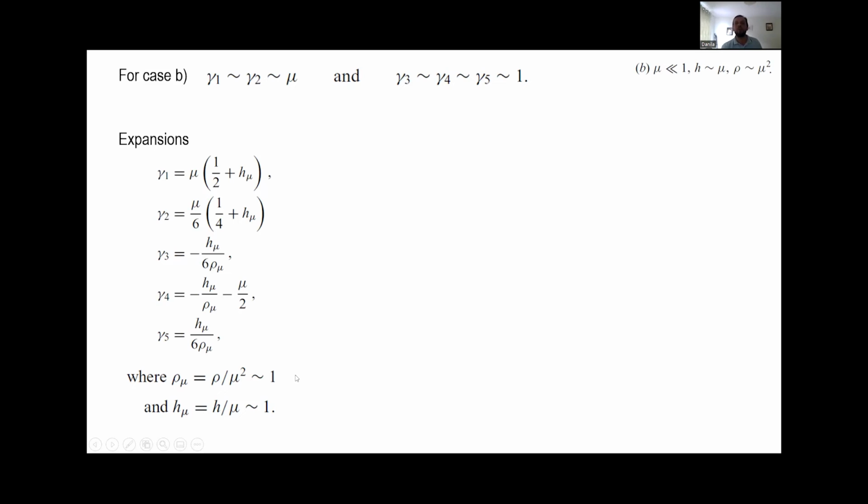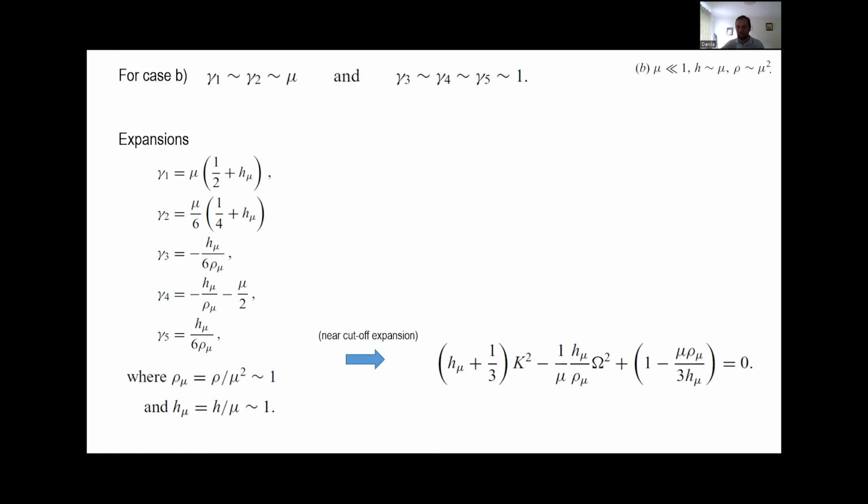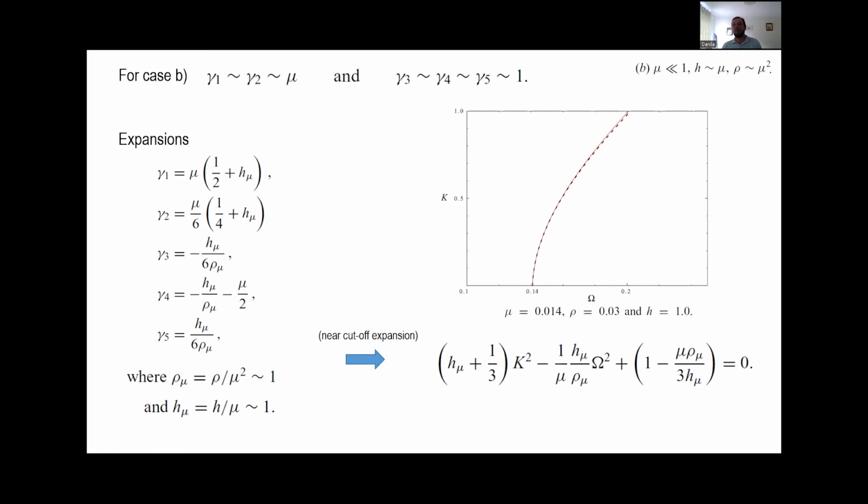And also we would need to iterate around the cutoff frequency because there are also some cancellations associated with the cutoff frequency. So as a result, after we apply all these things, we get this near cutoff expansion, which is something like that. And with this case, we can see again, it is working well.